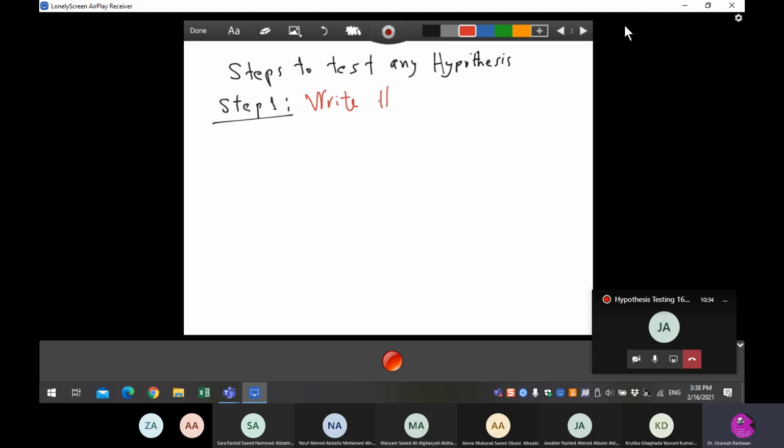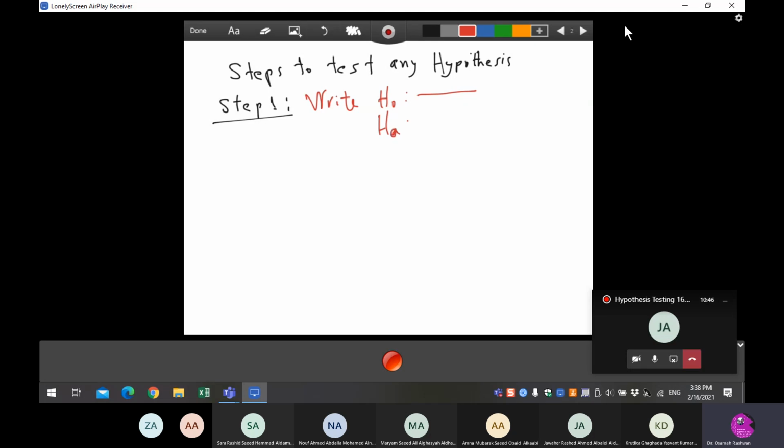We will go through the steps to test any hypothesis. First step, step one: write the claim. Write H naught and HA, the null hypothesis and the alternative hypothesis.